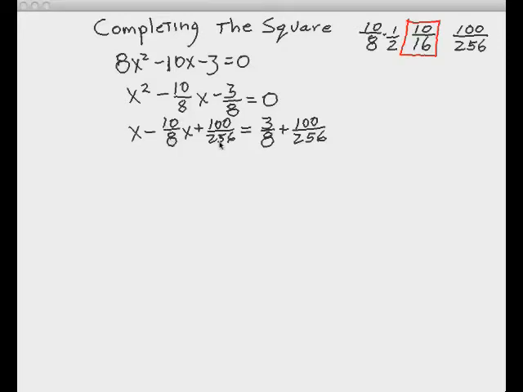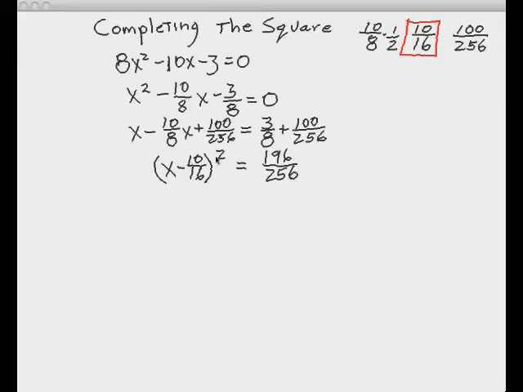Half of this number squared is this number, so I can rewrite this as a perfect square. x, same sign as this, minus my half number, 10 over 16, squared equals whatever this particular sum is. And if you add these two numbers up, you're going to come up with 196 over 256.